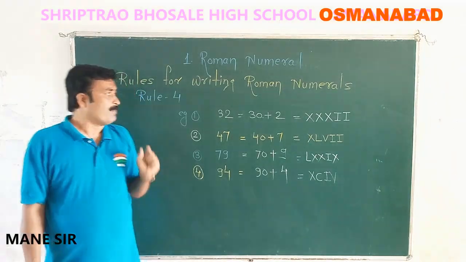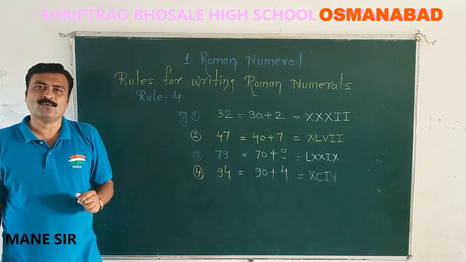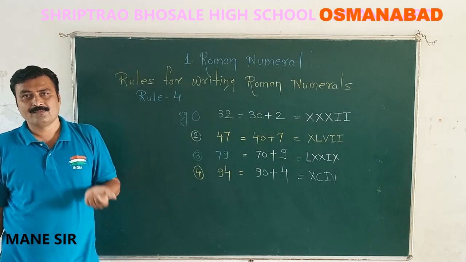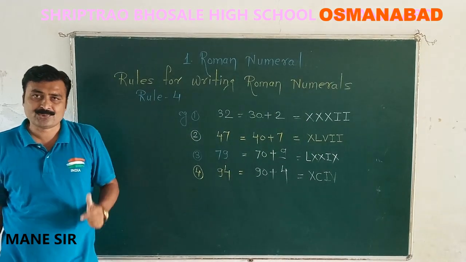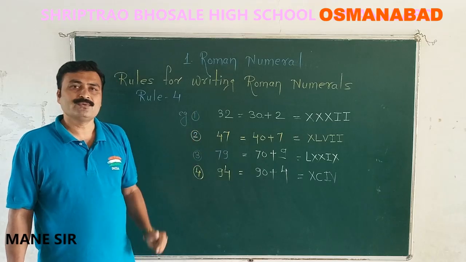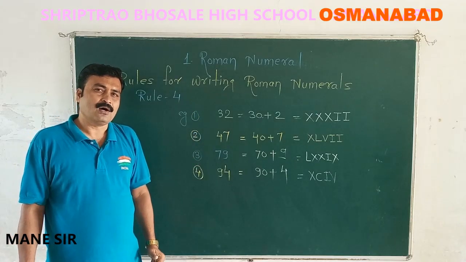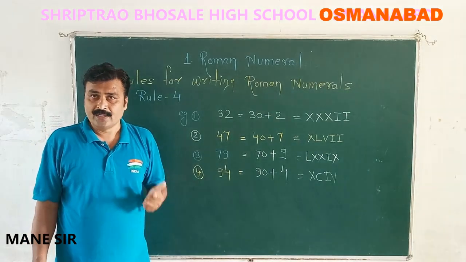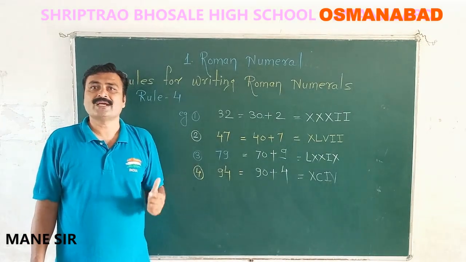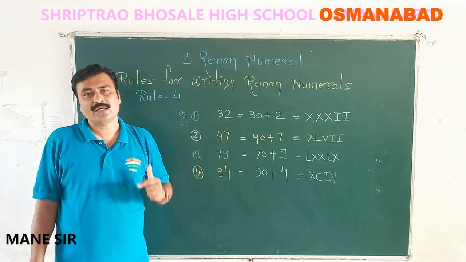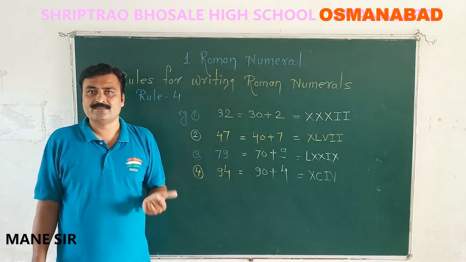Now, by using same rule number 4, we can write bigger numbers, that is 3 digit, 4 digit, again in Roman numerals. Now, how we can write 3 digit, 4 digit numbers into Roman sign? Its explanation we continue in the next videos, that is video number 4.